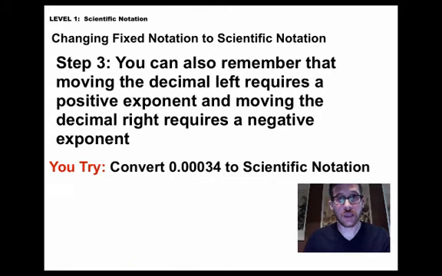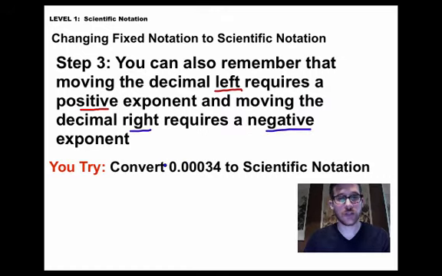A second way is remembering the direction that you move the decimal, left or right. So you can remember that moving the decimal left requires a positive exponent. Moving the decimal right requires a negative exponent.